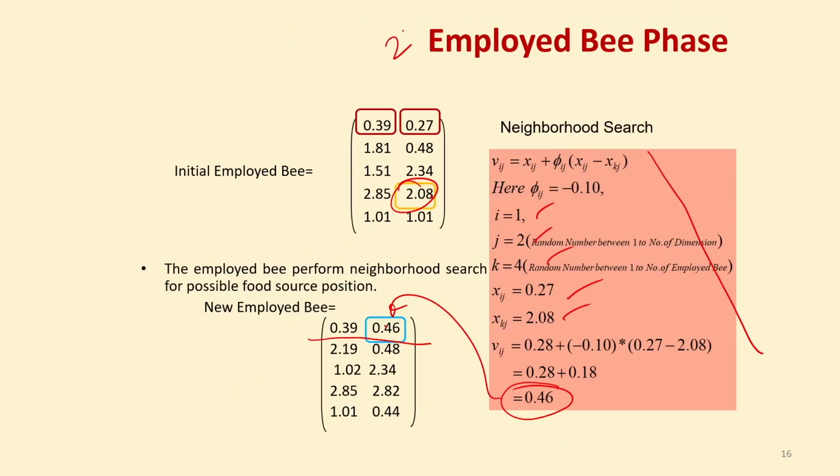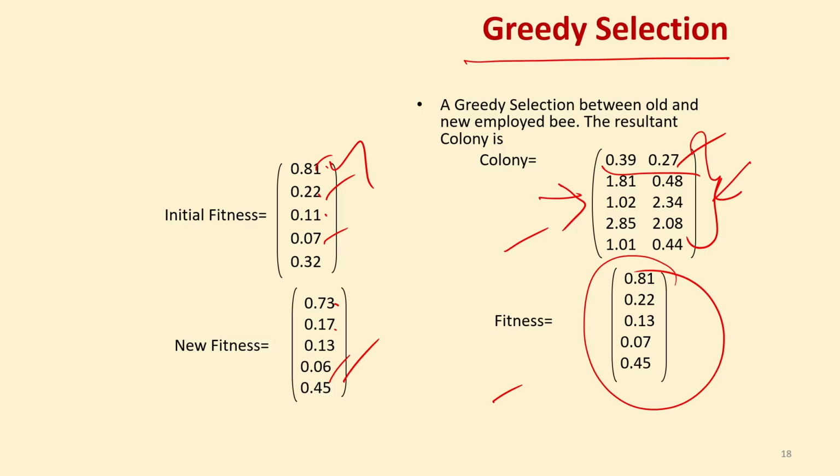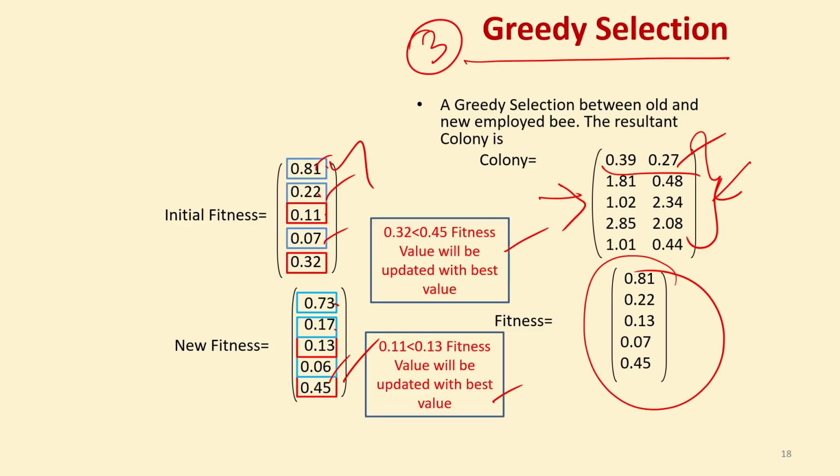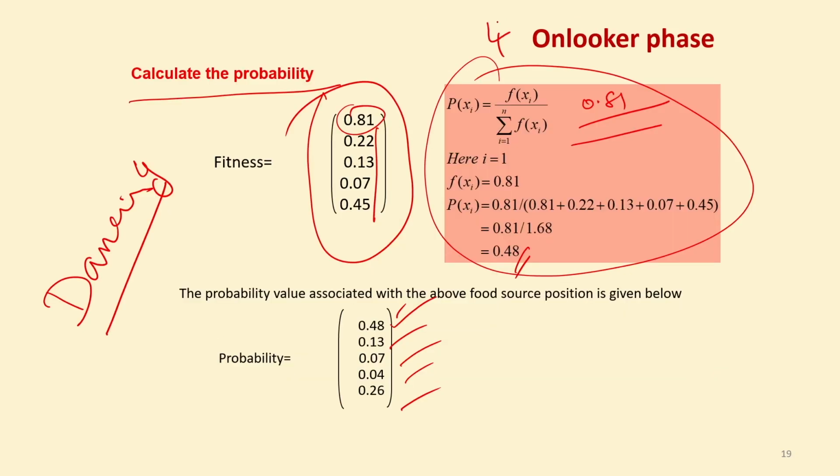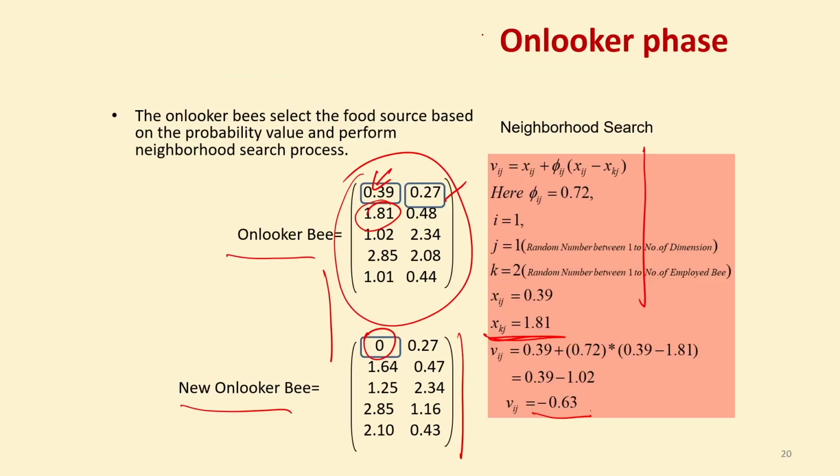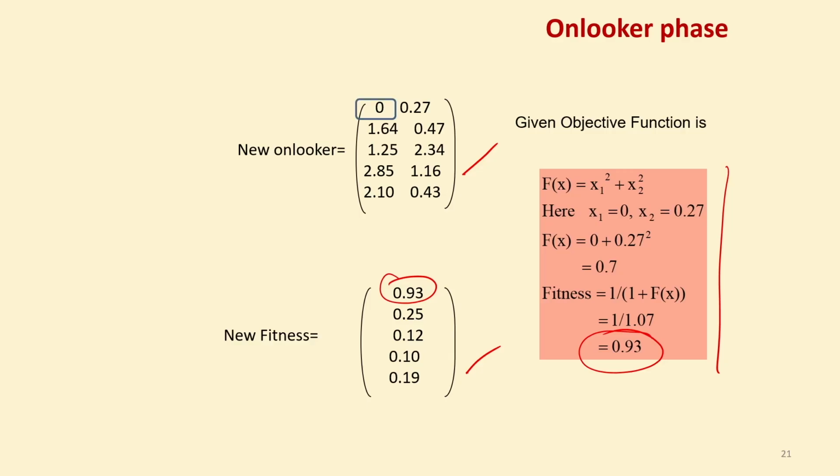Second, the employed bee phase and greedy selection within the employed phase. The third one is the onlooker phase and greedy selection in the onlooker phase. And the final phase is the scout B phase.